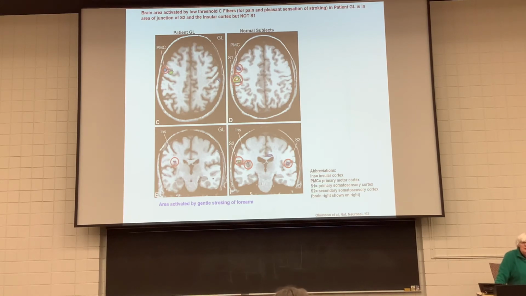So again, that area is not for localization, but it adds an emotional tone onto the tactile stimulation. Now it turns out that these C fibers do get associated with the bases of our hair follicles, and that's why you don't see it in the glabrous skin. You only see it in the hairy skin.